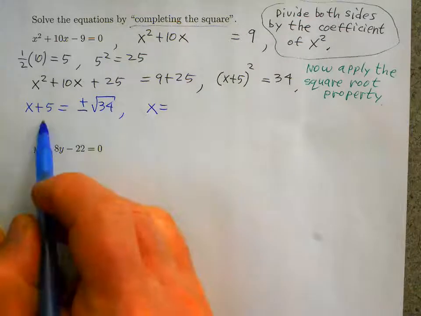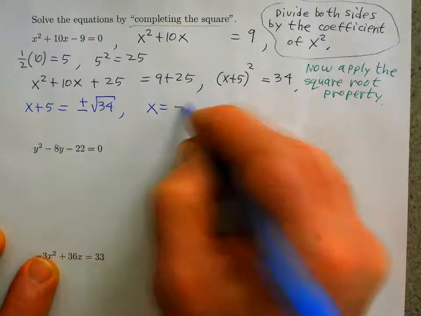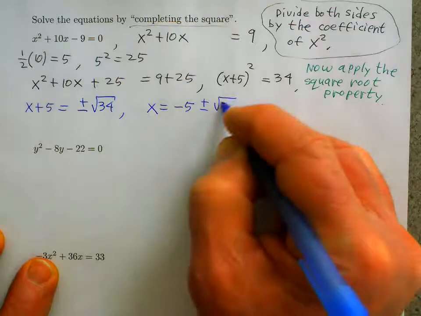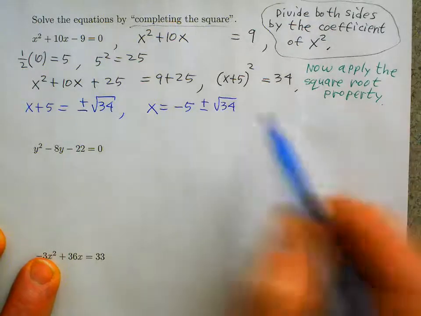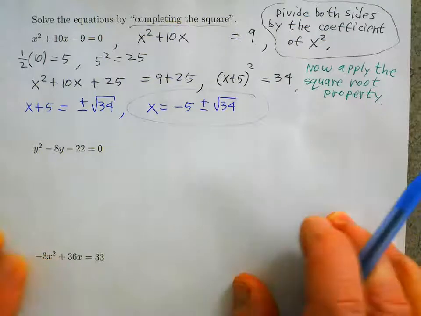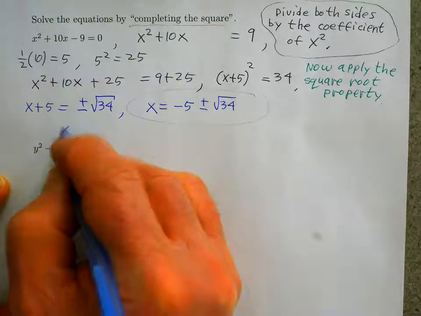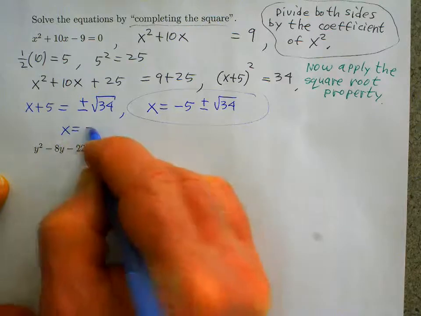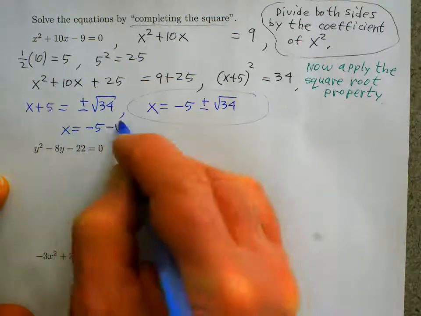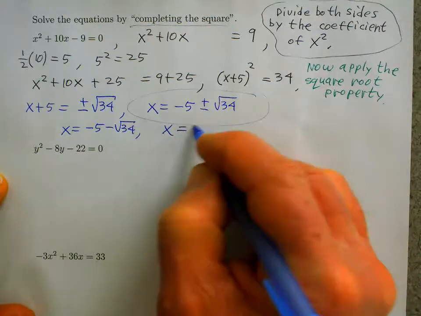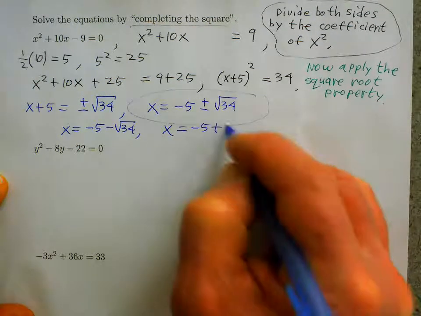We subtract 5 from both sides, so x equals negative 5 plus and minus the square root of 34. If you want to write the solution separately, you can. One solution is x equals negative 5 minus the square root of 34. The other solution is x equals negative 5 plus the square root of 34.